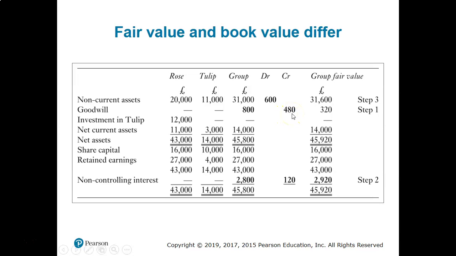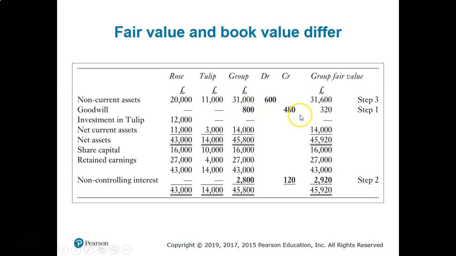And out of these 600, obviously non-controlling interest is also 20%. So 20% of this will go to non-controlling interest as well. So 120 will go to non-controlling interest, and 480 will go to the claim or the ownership of the parent company.